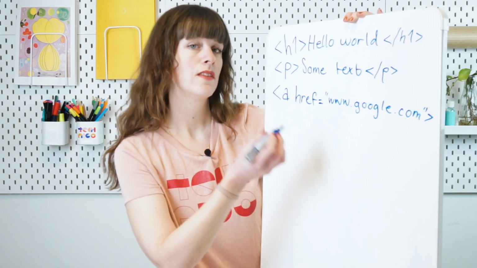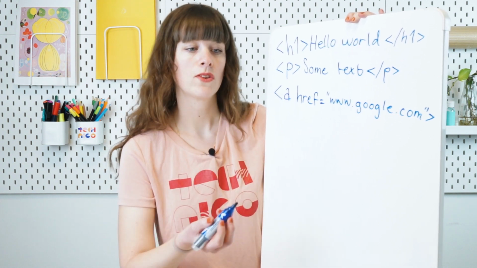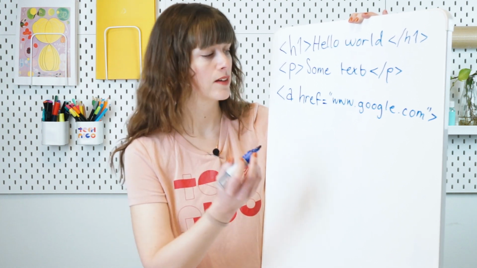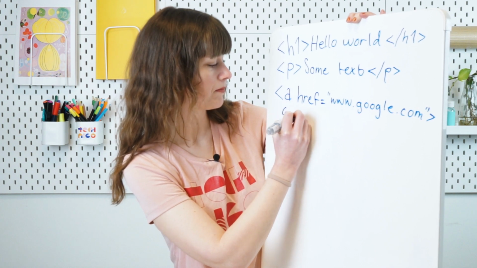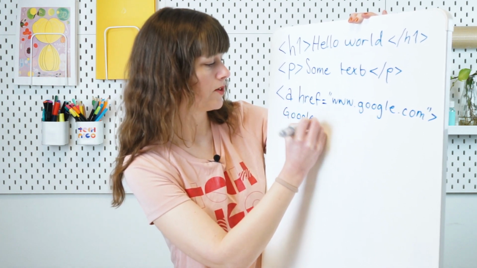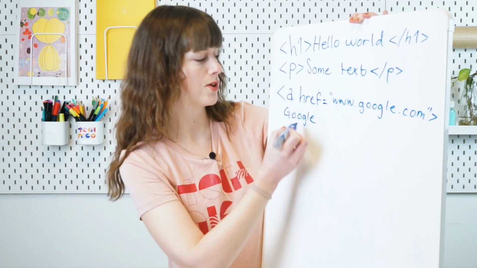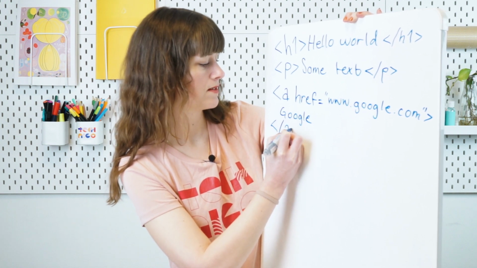Then within the tag, we write the content. So what should the user see? Like what is the text of the link that you are clicking? So here I will write Google, and then just because now we have two rows, we might as well have another for the closing tag.